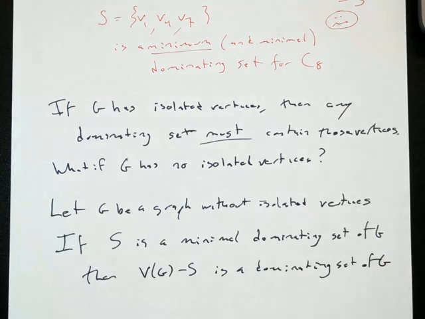I hope this is easy to understand. If you have a minimal dominating set, then its complement is a dominating set. Somebody tell me why.